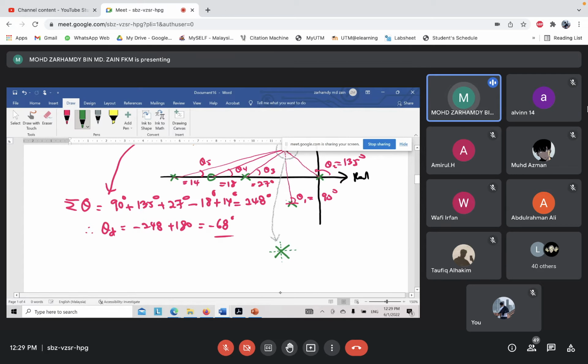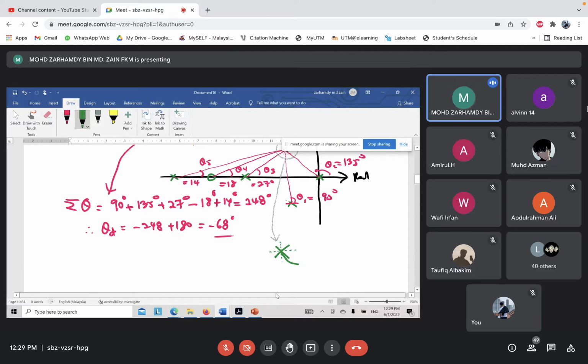So negative 68, it will go like this. Kalau positive it goes like ni. So we follow ikut jam, clockwise. So negative 68 is somewhere here, 45 here, 68 somewhere here. So they will go macam ni.